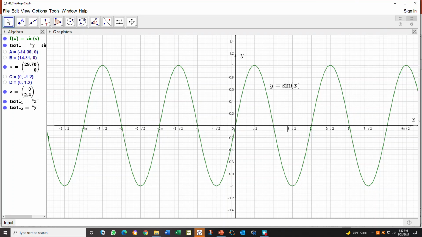And from 3 pi half to 2 pi, we are in the fourth quadrant where sine continues to be negative, but the values are increasing. And then the moment we come to 2 pi, we have done a full circle and we are back to being 0. And then the behavior is exactly the same as what was here. The behavior after 2 pi is exactly the same as the behavior after 0.